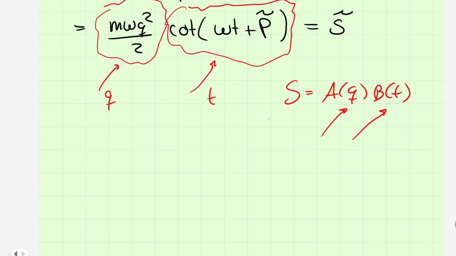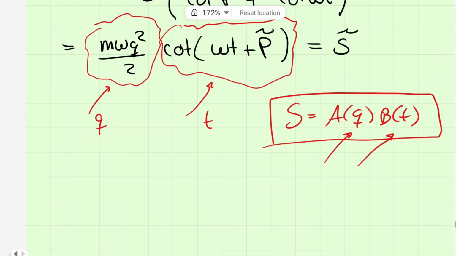Maybe if we propose this solution and then plug it into the Hamilton-Jacobi equation, we are going to find this solution here. But recall that actually there are infinite solutions for the Hamilton-Jacobi equation, so I cannot guarantee that will happen. But the thing here is that we were able to find a new solution that is completely different from S for the Hamilton-Jacobi equation.